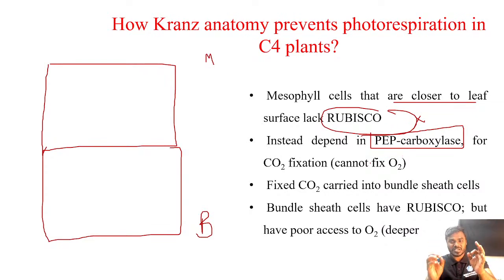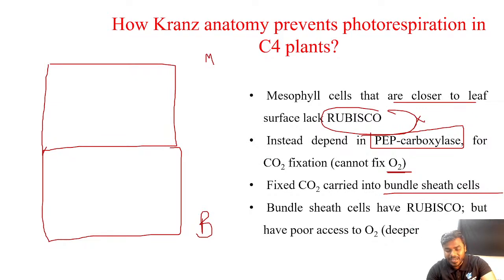Now here comes a beautiful and interesting fact about the PEP carboxylase enzyme: it cannot fix oxygen. It is going to fix only the carbon. That's a great advantage. Now, whatever you will understand in the diagram, just listen to me. Whatever carbon is fixed by PEP carboxylase, it will send to the bundle sheath cell.